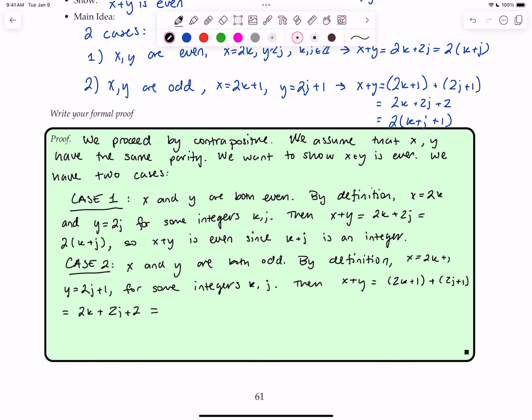I want to pull that 2 out, so we get 2 times k plus j plus 1. And that's looking good. So I could say, hence, x plus y is even since k plus j plus 1 is an integer.